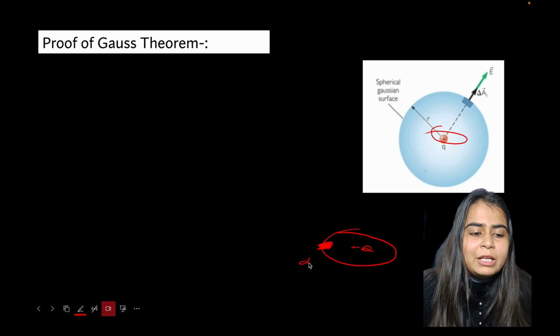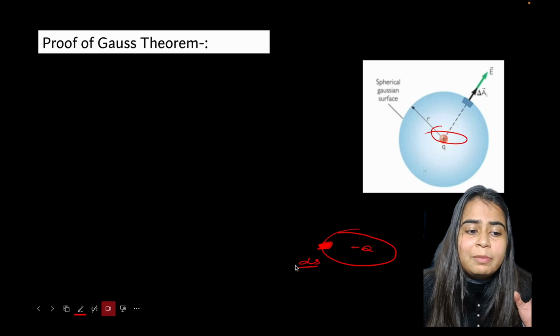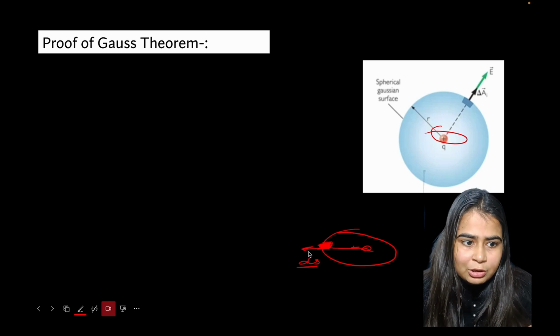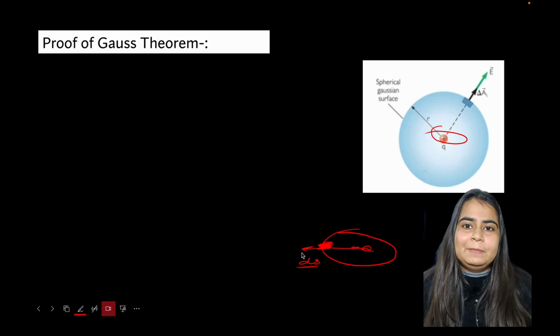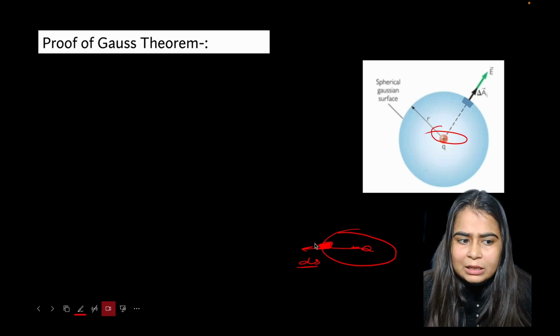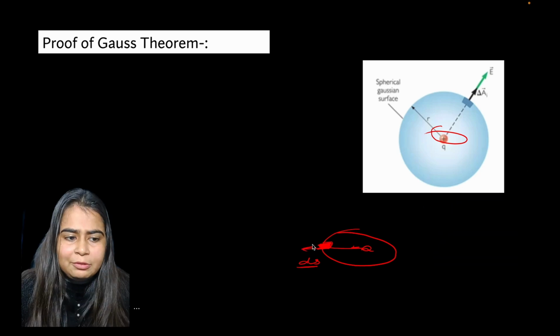If this is a very small surface, definitely some of the electric field lines will cross this surface. Let us say two lines are passing through this surface.